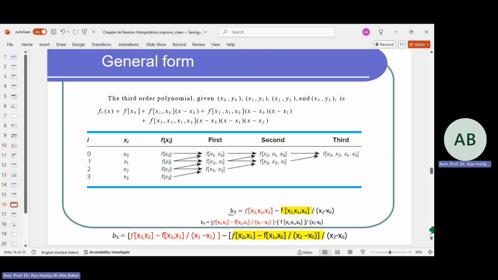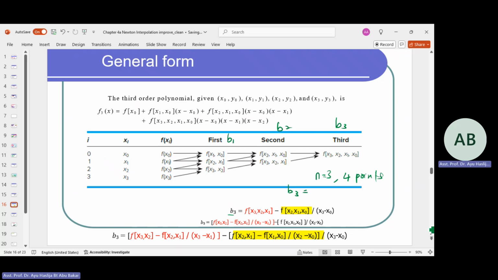To find your B3, it involves 4 data points. N equals 3, so it will involve 4 points. Instead of using the long equation of B3 that I shared earlier, you can use this kind of iteration.